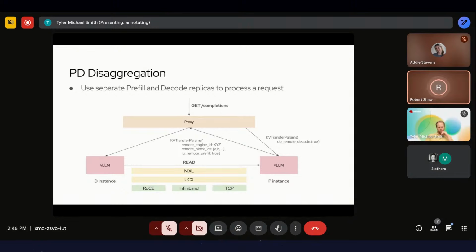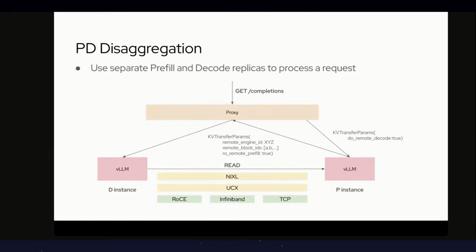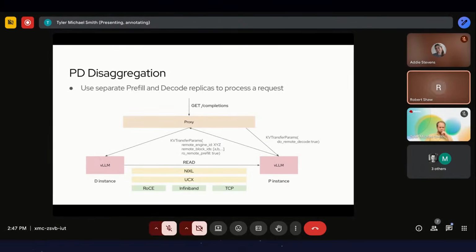After the prefill finishes, we send it back to the proxy. The prefill instance sends some additional metadata about which engine it is, and about which block IDs are being used in the KV cache, and it appends a do remote prefill argument that gets sent to the decode instance.